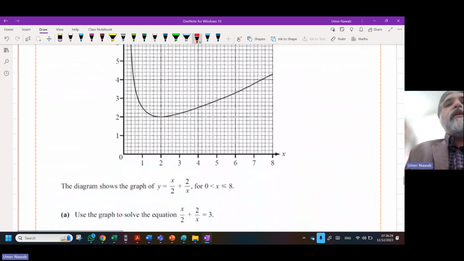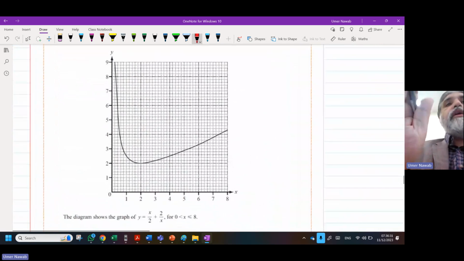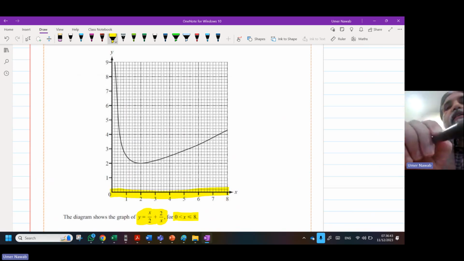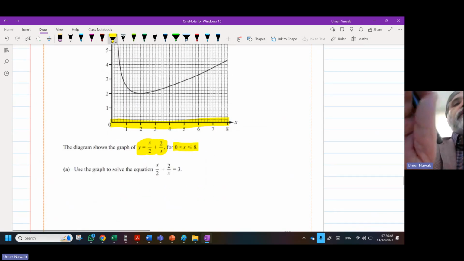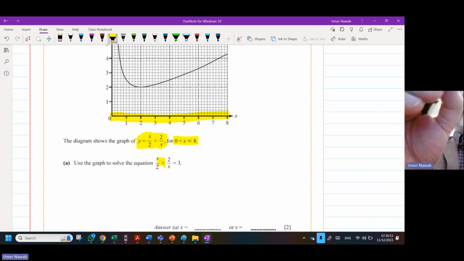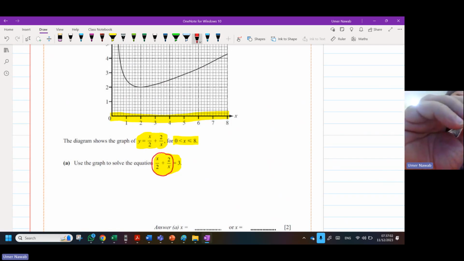The next question, he's again giving you the equation of a curve, and the curve is drawn. It is drawn from 0 to 8. Check it out. From the x-axis, he is using only 0 to 8 for drawing this curve. He said, can you solve this equation? In graphs of functions, if we solve the equation, we need to first look at the left-hand side of the equation.